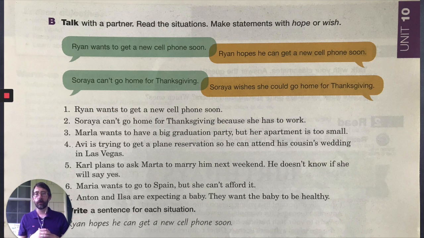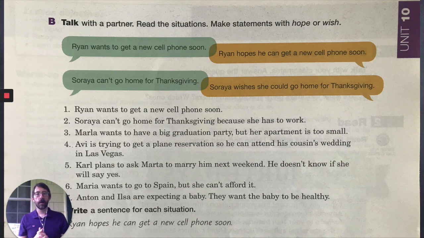Okay, so hopefully you can see what we're doing here. For those that are possible, use the word hope. For those that the situation is not possible, use wish and write a sentence. So, just for example, let's read through these together. Marla wants to have a big graduation party, but her apartment is too small.